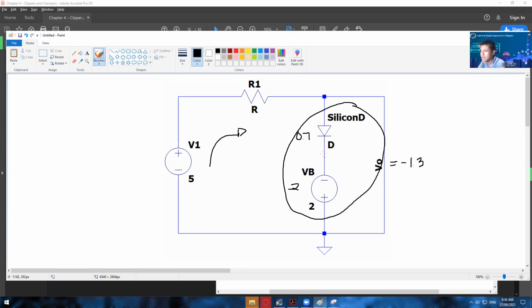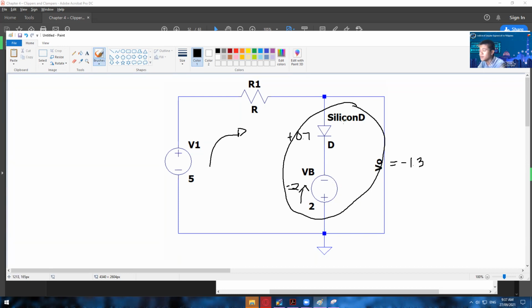So how do I know the polarity, whether it's negative 0.7 or positive 0.7? Just take a look at the polarity of the diode and your voltage source. In here we have a reading from below to bottom. We have here -2, and then from here we have positive 0.7.